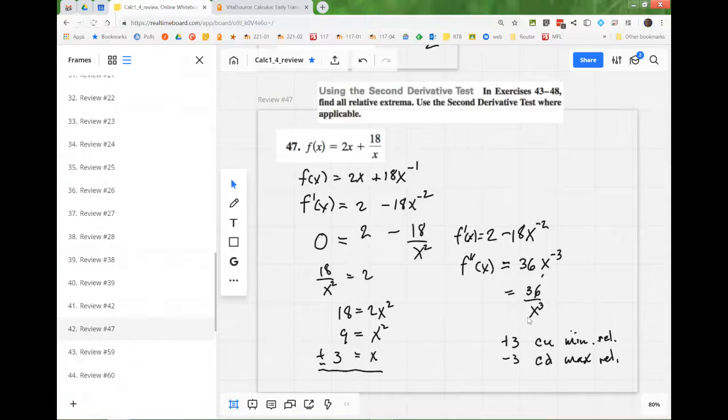It's positive, so that tells me at plus 3 we have a relative min, because positive means concave up, and concave up has a relative min. At negative 3, we get 36 over negative 27, which means the second derivative is negative, therefore it's a max. So that's one way the second derivative test can be useful.